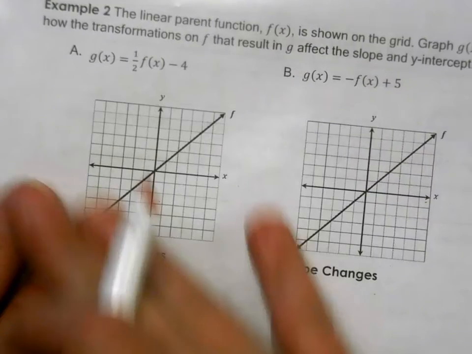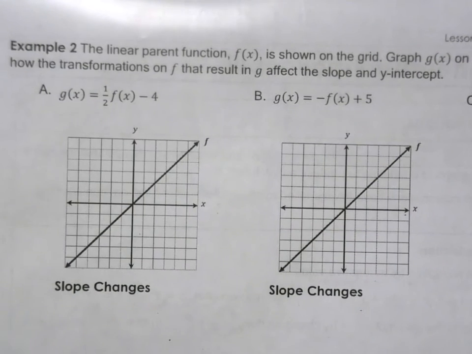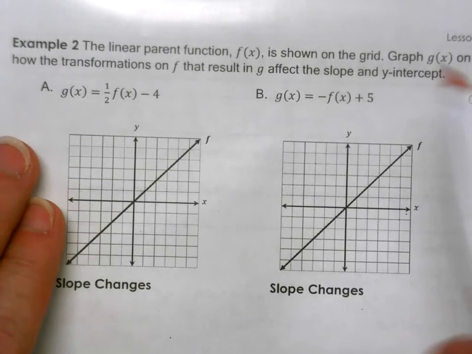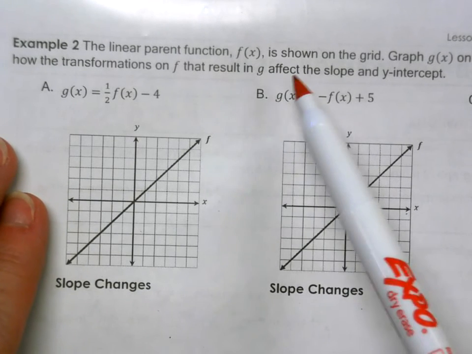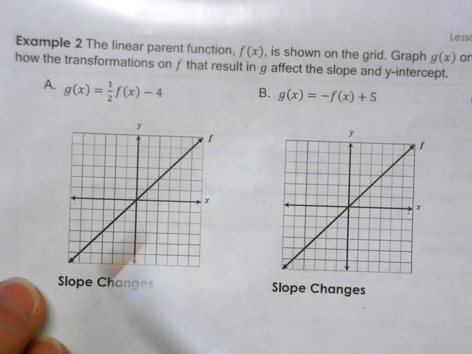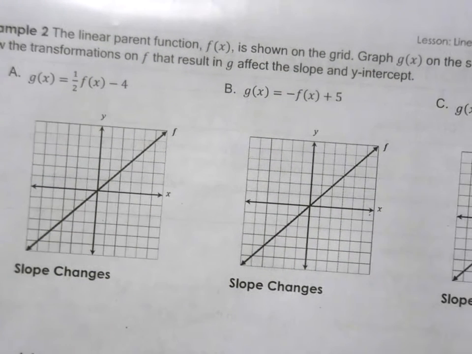Ready for the back side? So on these examples, it says the parent function f of x is shown on the grid. So the original line is already graphed for us.